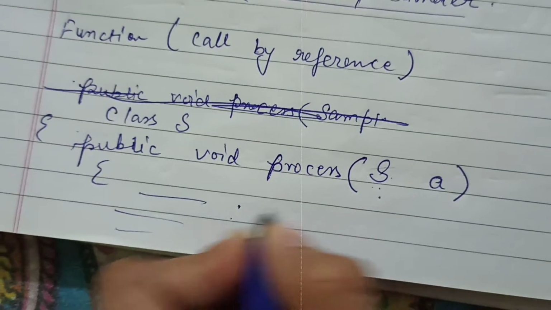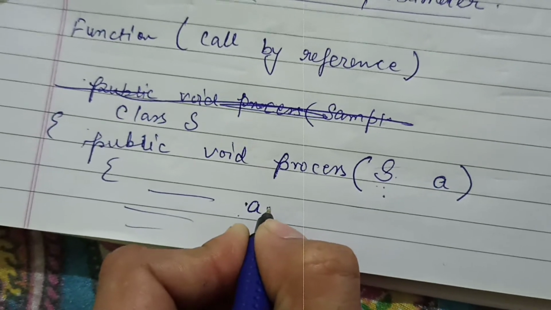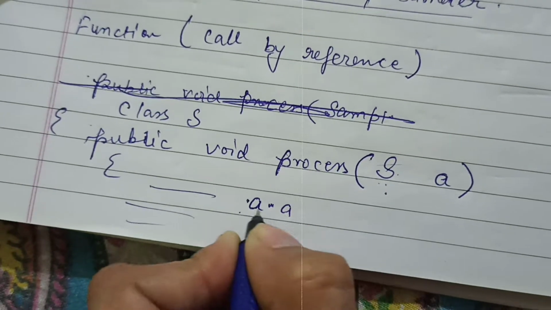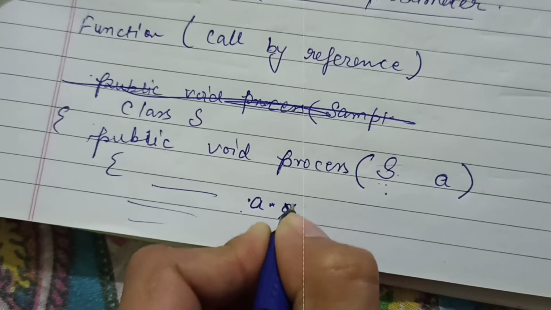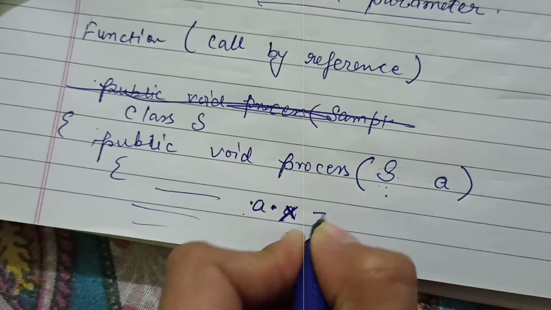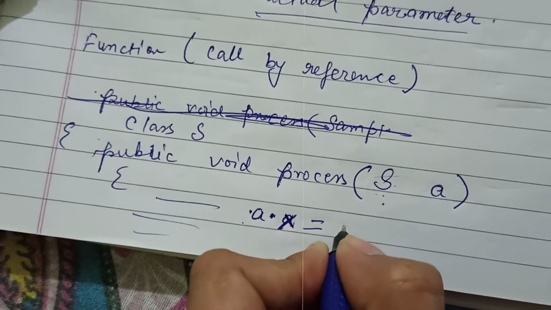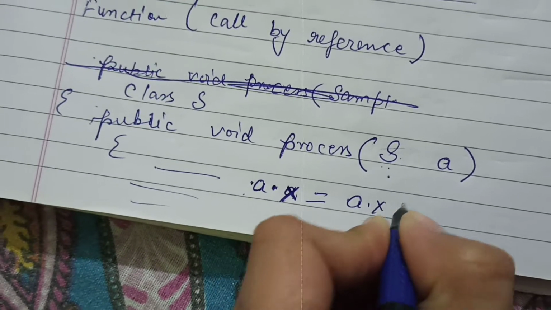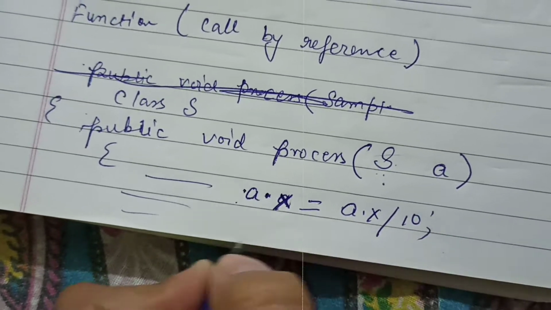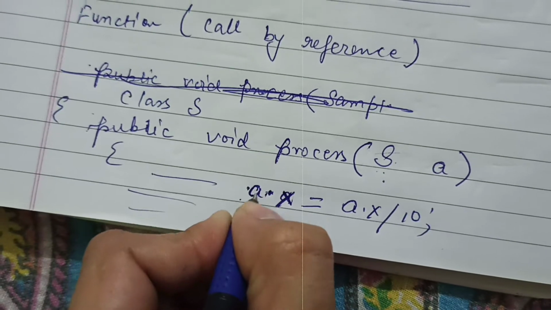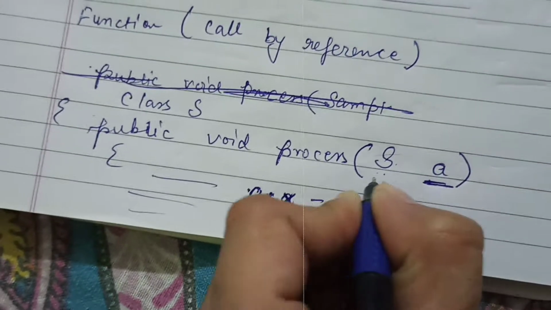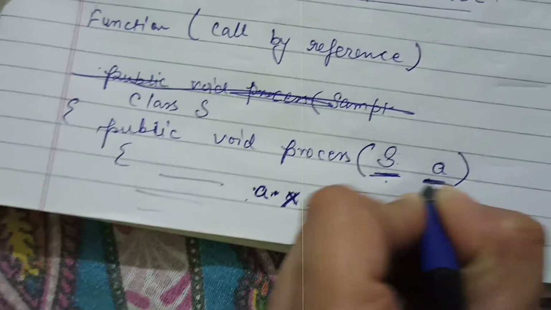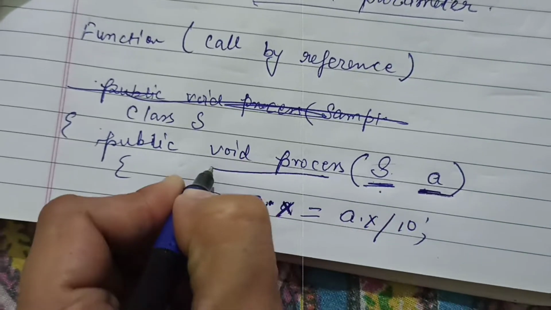What we can do is write a dot x with the variable. We write it like that, and we can write a dot x divide by 10, whatever we want to do. This is the object, and this is the class name. We have to create the object in the method name.